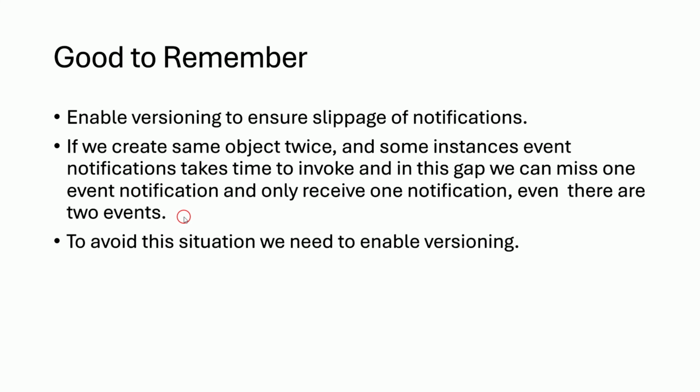Even though there are two events, that means even if me and you uploaded two objects into the S3 bucket, the event notification is missed because both have been inserted at the same time. If we enable versioning, even though we both inserted the same object in near time, versions will be created so that we will get the event notifications without any slippages.